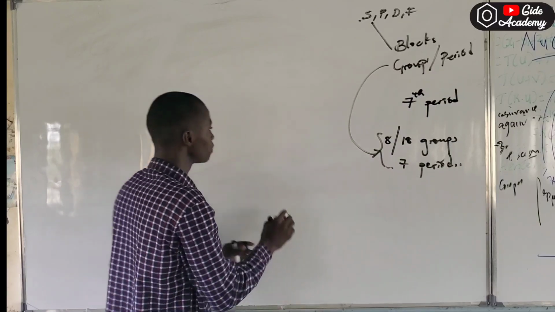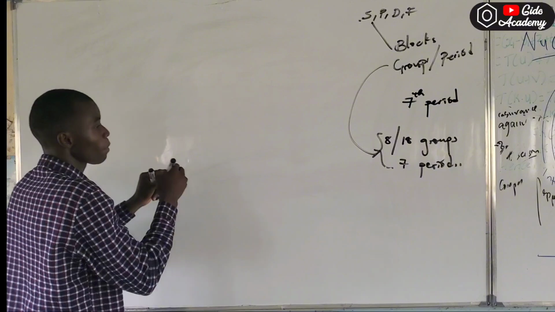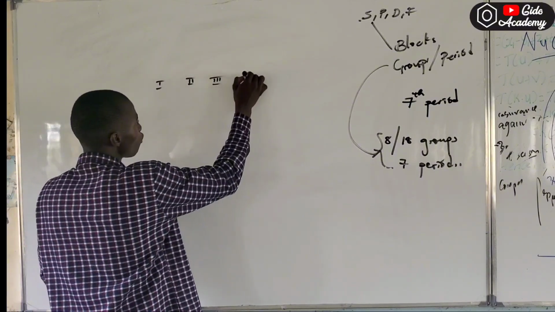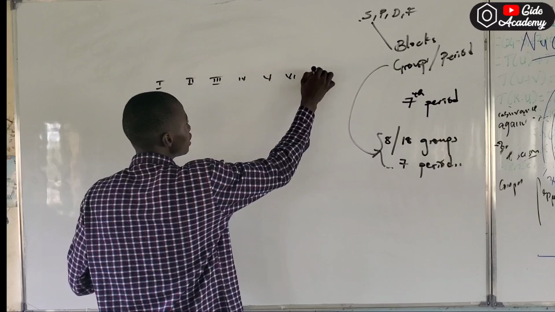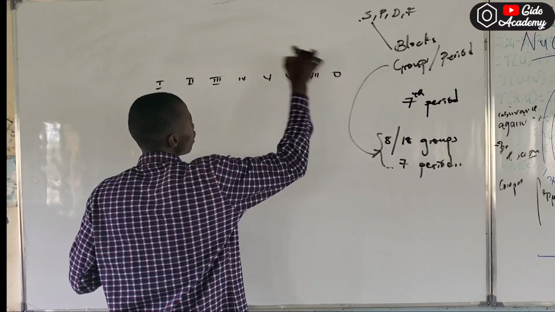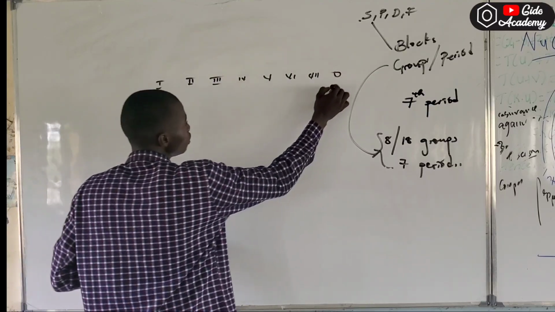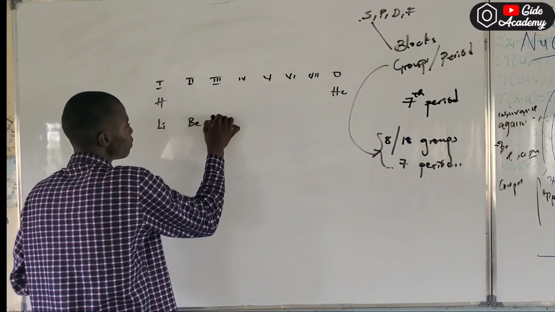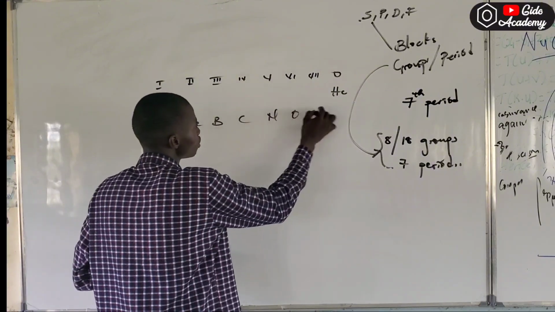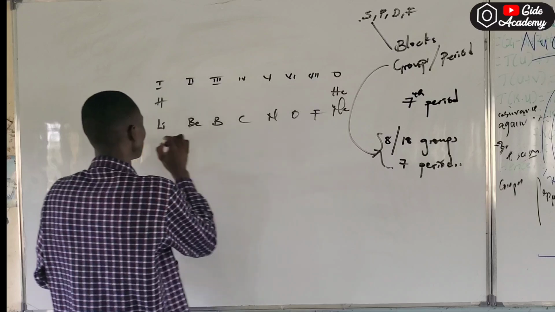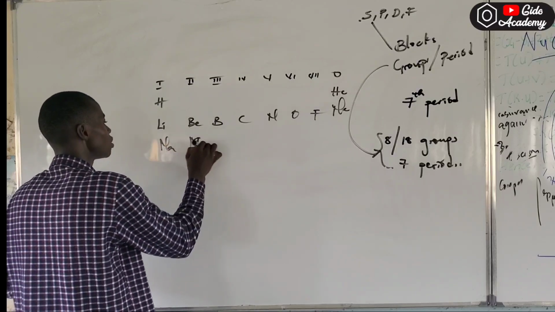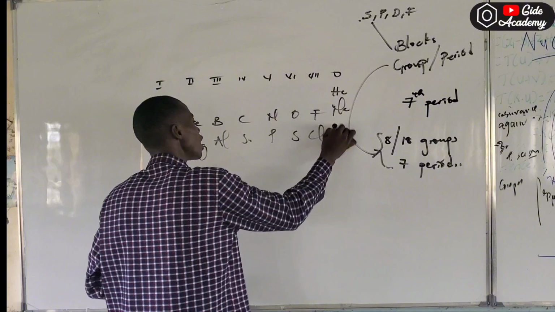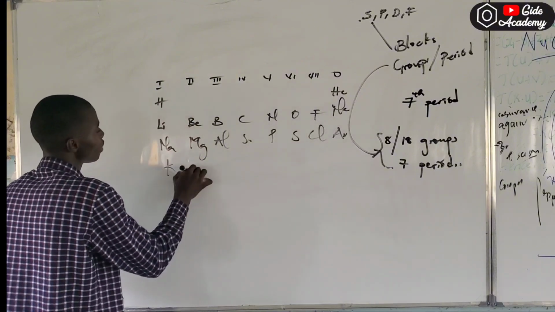In the first period, let's say here is group 1, group 2, group 3, 4, 5, 6, 7, and 8. Here is my hydrogen, helium, lithium, beryllium, boron, carbon, nitrogen, oxygen, fluorine, neon, sodium, magnesium, aluminium, silicon, phosphorus, sulfur, chlorine, argon, potassium, and calcium.